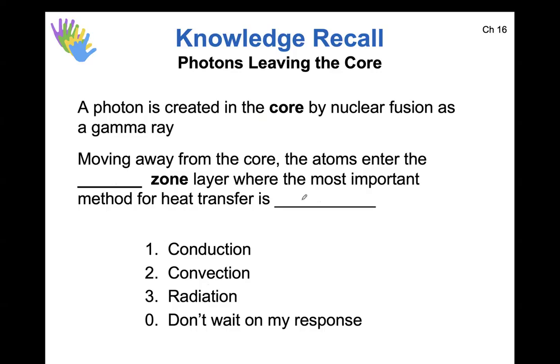So what is it? The atoms enter the, here I'll check. So I'll look at the time to make sure I get, so who has the answer to this one? What's the name of the zone that is also the name of the mechanism of heat transfer?